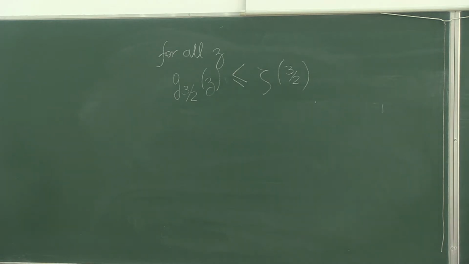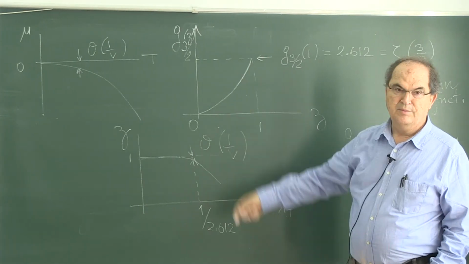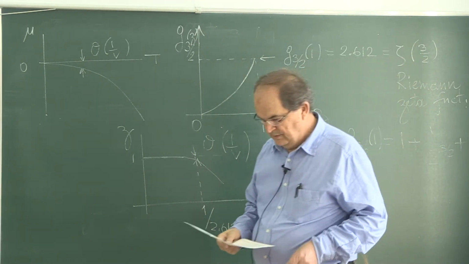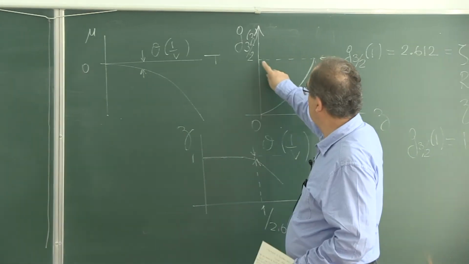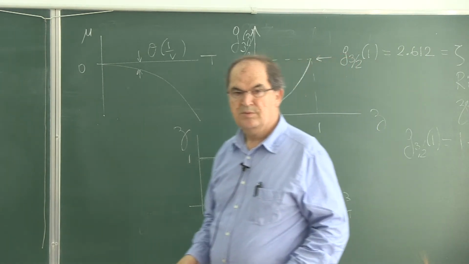Give me the z in between 0 and 1, I'll tell you what the corresponding g is. From the graph you can read it. And the maximum value is 2.612.